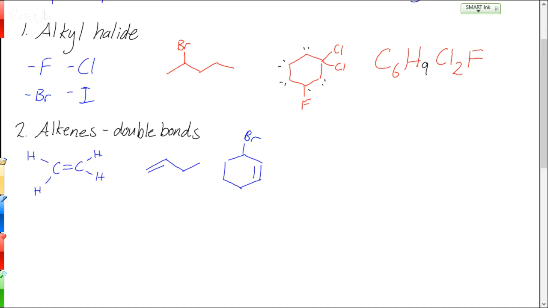So when we draw alkenes or double bonds in these line structures, usually we draw the regular line structure and then we add a line on one side or the other to show that it's actually a double bond. So this ring structure I drew here, you'll notice the double bond here is between these two carbons.